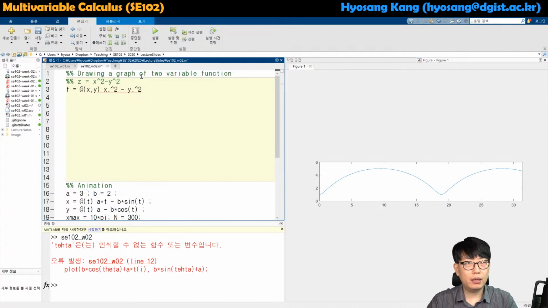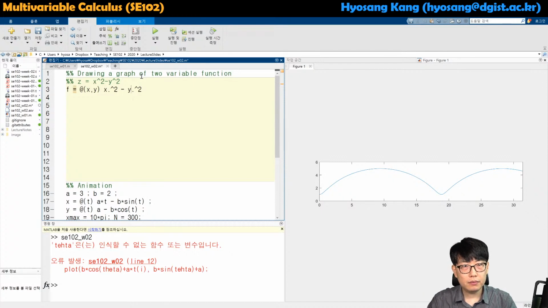So instead of taking hat, I'm taking dot hat here. The reason why I put the dot is that I could put x and y as an array of numbers instead of just one number. If I take x and y as an array of numbers, dot means that it operates this hat, which is the power, on each entry of this array.